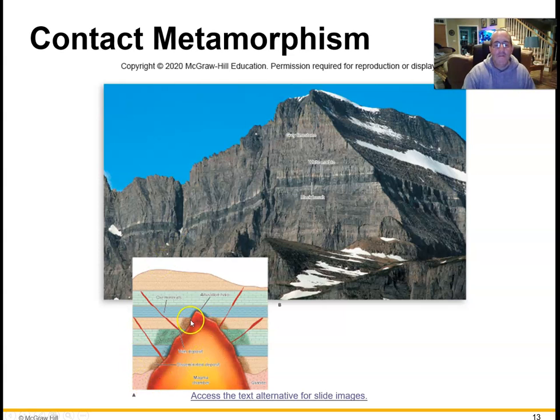And here's a good visual on this. As you can see here, this magma dome has come up into these rock layers, and what it's showing you is, if this thing went back down right now and cooled, this would all be igneous rock in the middle.